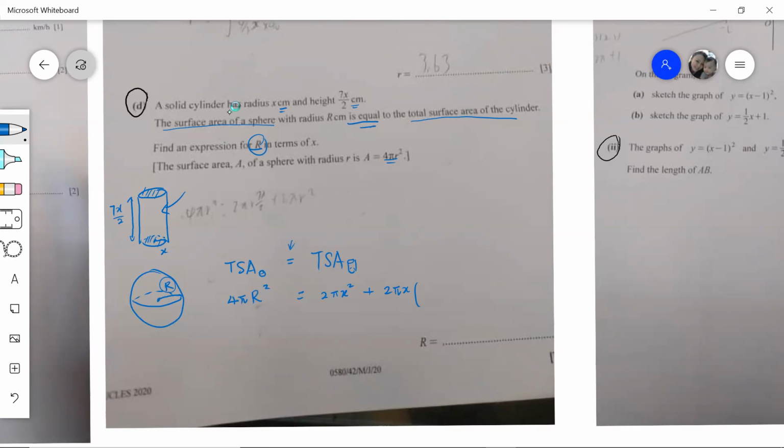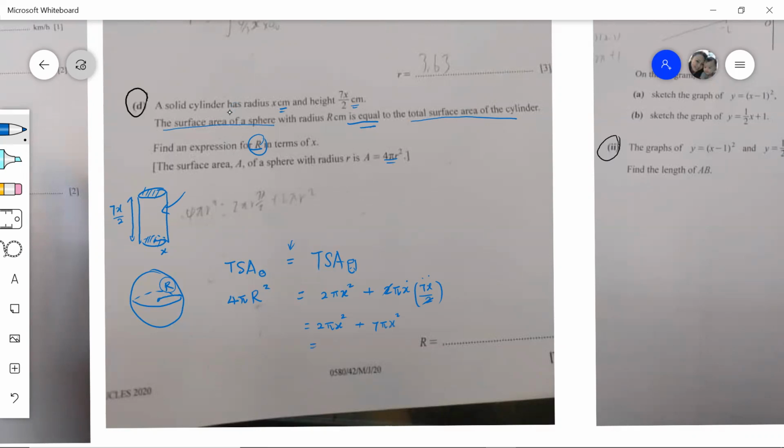In this case, it is 7x over 2. Okay, therefore let's simplify this. We have 2 pi x squared plus this one, multiply numbers with numbers, variables with variables. So we have 7 pi x squared.